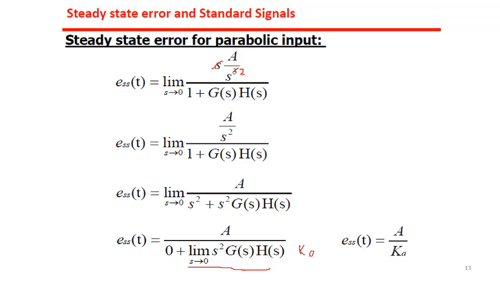Hence we get e_ss as a function of t equal to A divided by Ka, where Ka is the acceleration constant for a steady state error for a parabolic input.